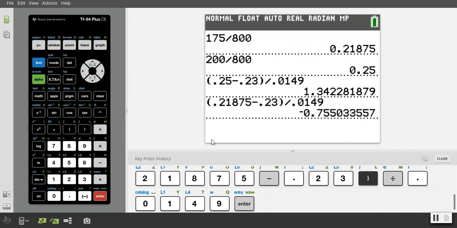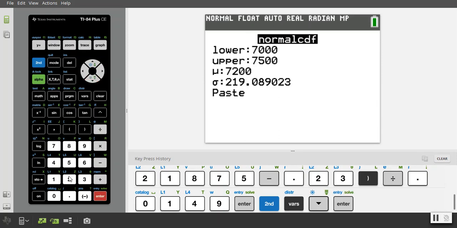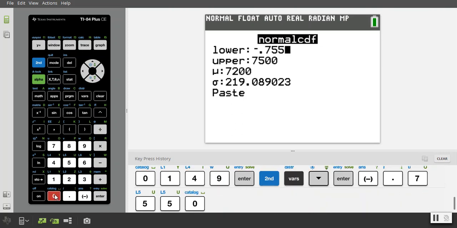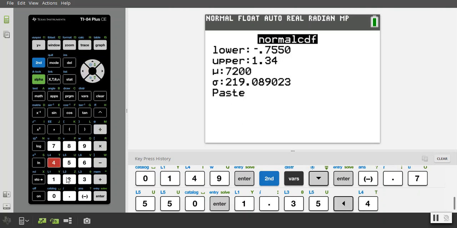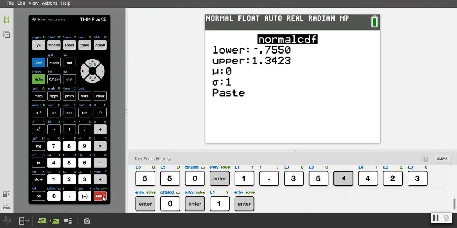No worries, I'm going to show you how we could do this really quick. So normal CDF. I have a few things still here. Negative 0.7550, and then 1.3423. Let's just go ahead and look. Yeah, that's right. Now here you need to change the mean to 0, and the standard deviation to 1, and then just hit enter.